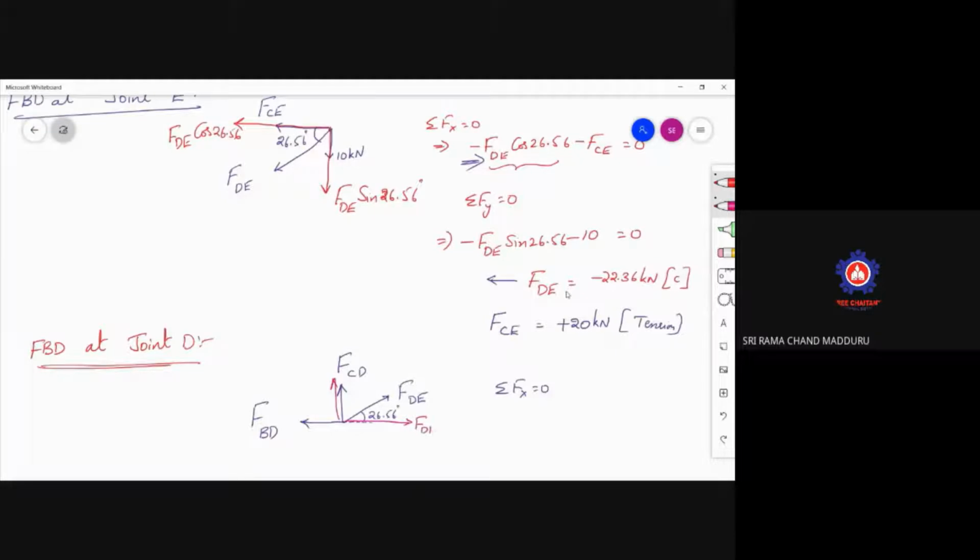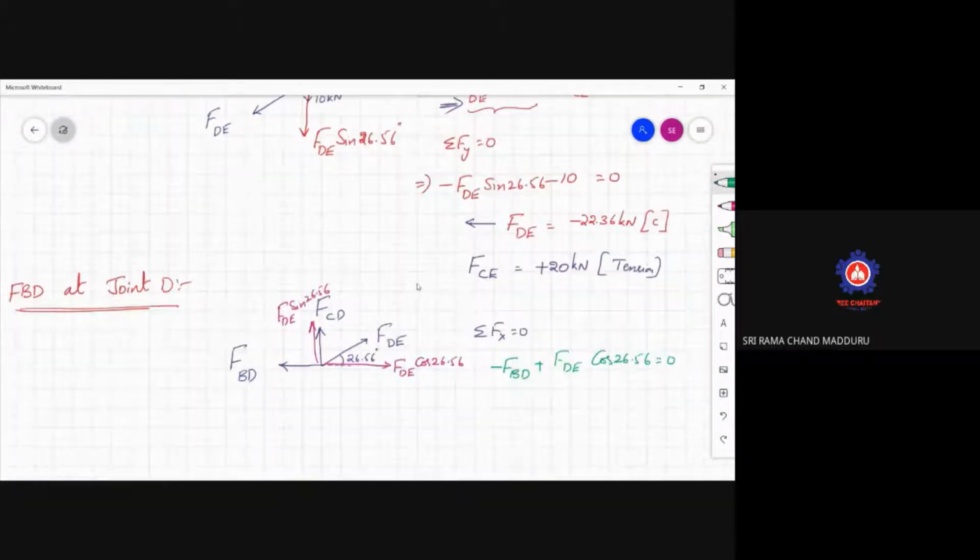This is FBD. 26.56 is adjacent to your force, which is cos 26.56. This is FDE sine 26.56. So sigma Fx is equal to 0. That is nothing but minus FBD plus FDE cos 26.56 is equal to 0.